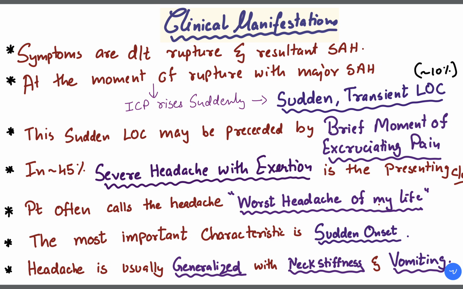Patients may often call it the worst headache of their life. The most important characteristic is its sudden onset. Any person with sudden onset severe headache must be evaluated for subarachnoid hemorrhage. The headache is usually generalized with neck stiffness, and vomiting is also associated.